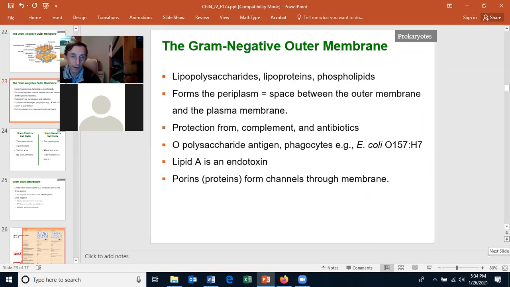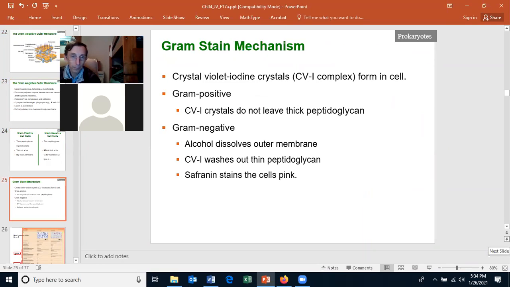It'll just dissolve in the alcohol. That's why we say it will destroy the outer membrane. The crystal violet and the iodine will then wash out of the thin peptidoglycan layer, which is too thin to hold on to the crystal violet.